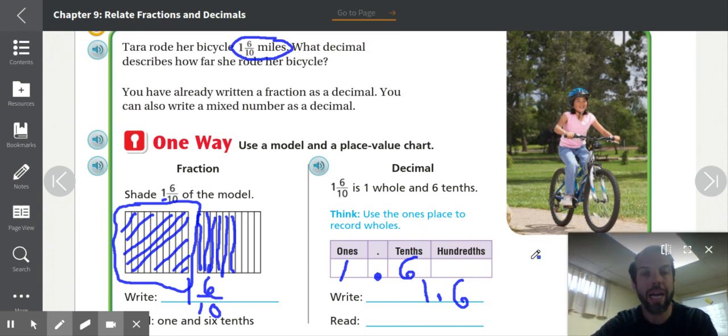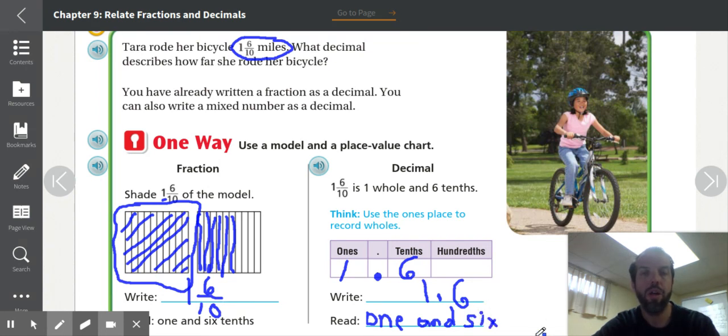In decimal world, anytime you see a decimal, we're going to put the word and in there. So how would I read this? Well, I'm going to read the first number first. So it would be 1. And now I have a decimal. And. Whoa. Doesn't that feel weird? It feels weird to hear a teacher say it. You guys try it at home. 1 and 6.